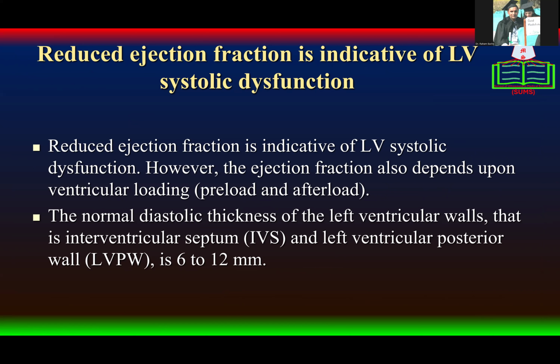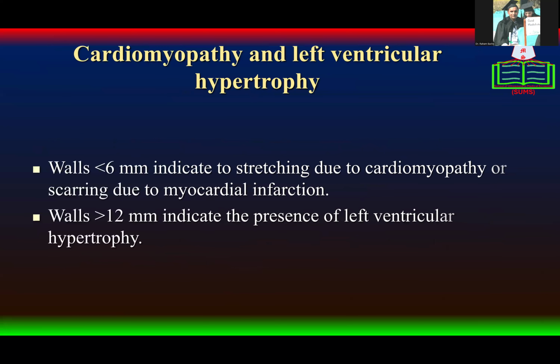The normal diastolic thickness of the left ventricular wall, that is the interventricular septum and left ventricular posterior wall, should normally be from 6 to 12 millimeter. But if it is less than 6 millimeter, that will be indicative of a thinning heart muscle, for example, in the case of cardiomyopathy or scarring due to myocardial infarction.